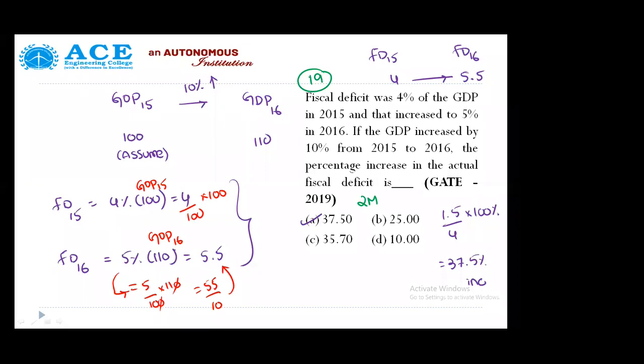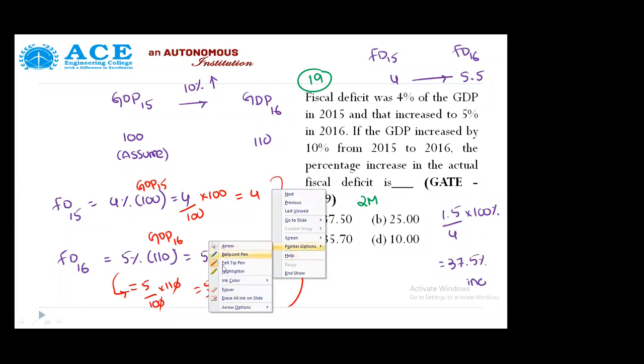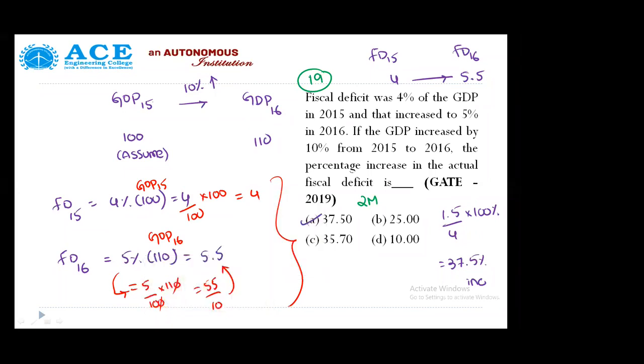X% means X divided by 100, right? Sir, read the first line. 4% of GDP in 2015. GDP in 2015, what do we assume? We assumed it as 100 already. Then 110, then this difference. Okay, got it, sir.